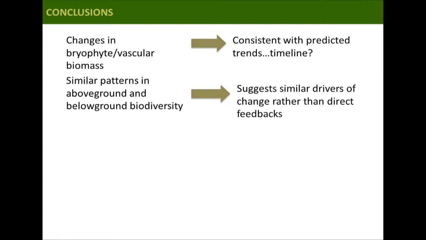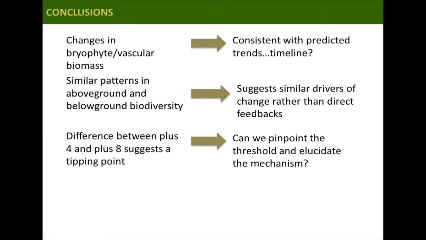We definitely saw below ground patterns that mirrored the above ground patterns. However, again, the rapid response of both these communities suggests that there are similar drivers rather than direct feedbacks between the two. And lastly, on that suggestion of a tipping point, we're definitely working towards elucidating where that threshold is and understanding the mechanisms that lead to perhaps a regime shift.